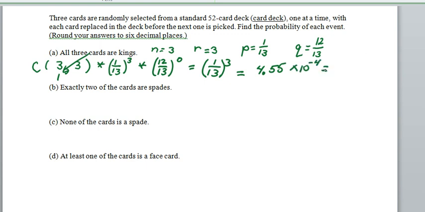Which moves the decimal point 4 places to the left, so 0.000455.